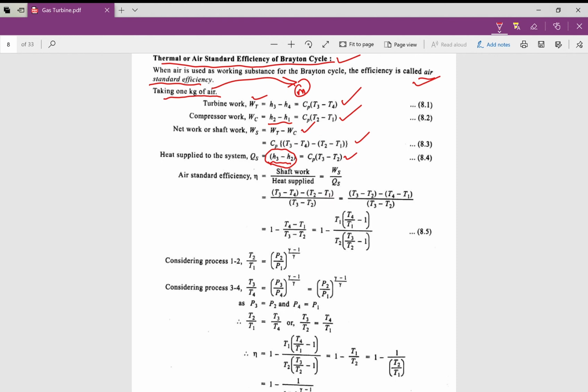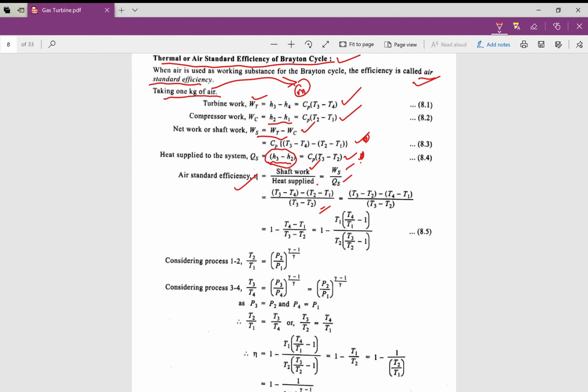Now students, you can easily get the air standard efficiency, that is output upon input. Output is the shaft work divided by the heat supplied. So just copy the total work divided by this heat supplied, and these two equations should be written over here.